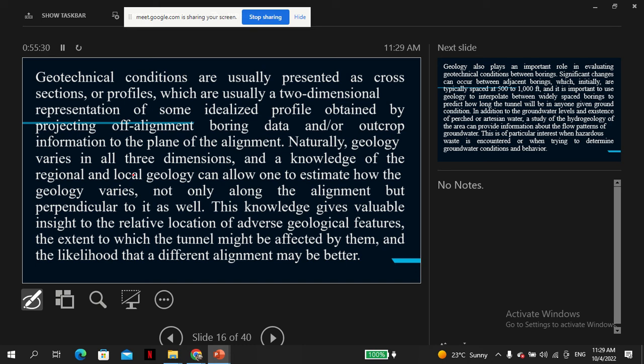So in such a case, the design team must look for the least, even if it has to pass through the fault, enough design measures have to be taken to ensure that if disaster strikes, if the faulting occurs, then the tunnel is saved. Or if this happens, then there is least casualty.